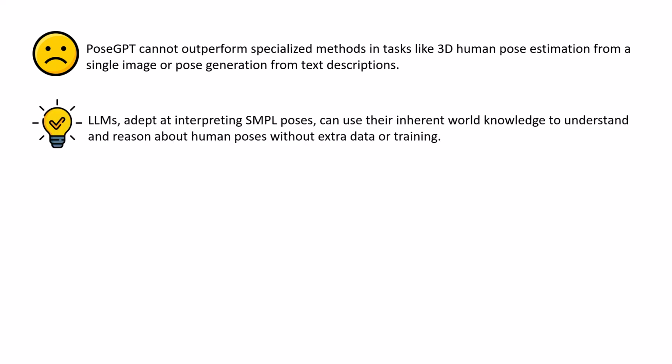But LLMs, once they know how to interpret simple poses, can add this world knowledge they already have to reason about these human poses without extra data or training. And because of that, these authors have proposed new benchmarks.